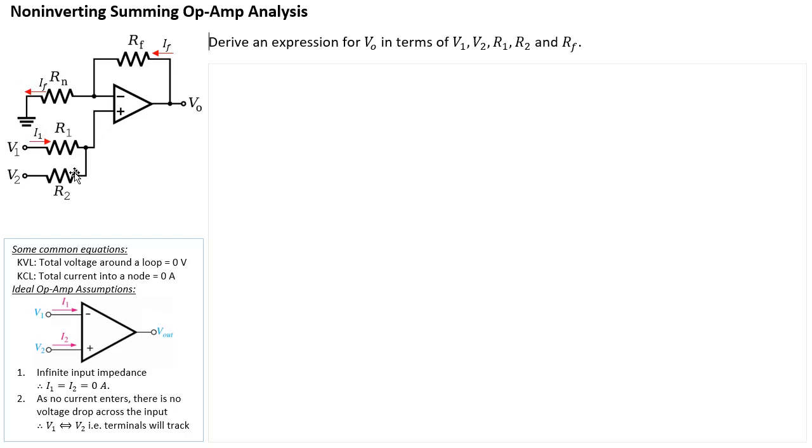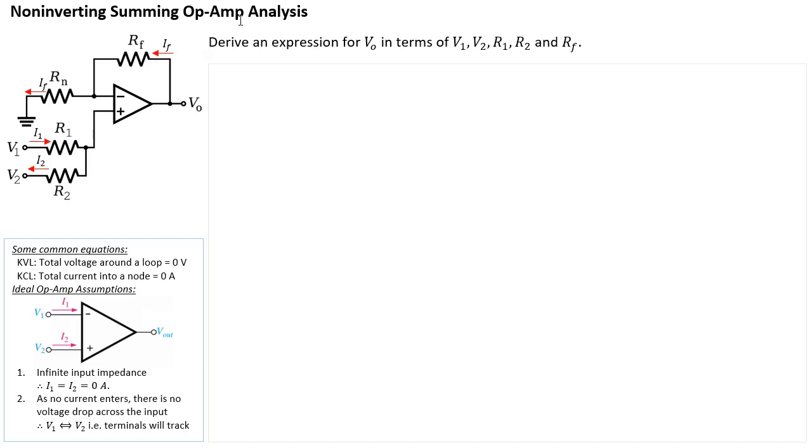In fact, all of it will just come back out to V2. All the current that goes in will come out exactly as it went in. So I1 would be equal to I2. We'll write that equation in a bit.